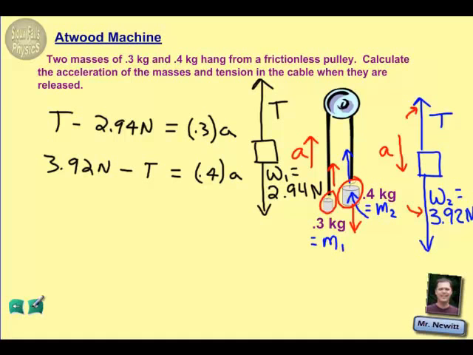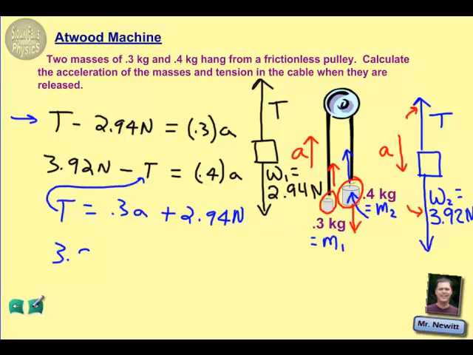Okay, so to solve these, there's several different ways you could do this, but we'll just model substitution here. So let's take our first equation and solve that for T. So T is going to equal 0.3 times a plus 2.94 newtons. And then I'm going to substitute this value for T into my second equation.